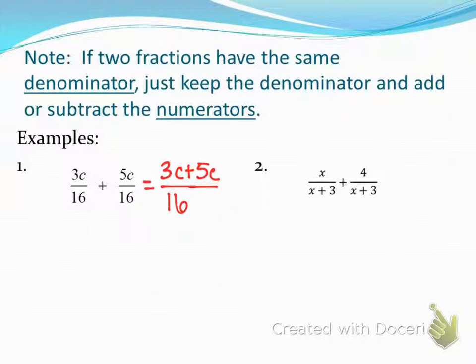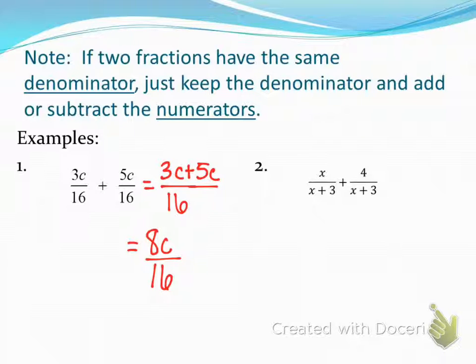That step is not entirely necessary on ones like this. What do we get when we take 3c plus 5c? 8c. Should it be squared? No, we only square it when we do what operation? Multiply them. So we're just combining like terms. It can just stay a plain old C.